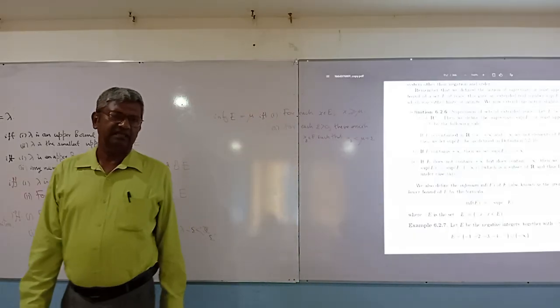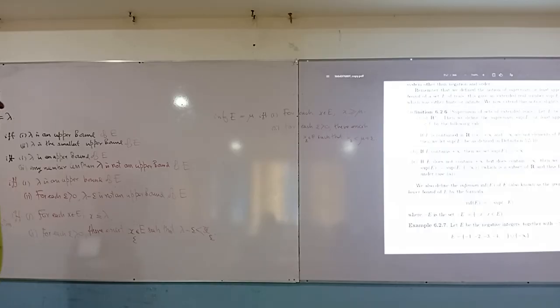That's the greatest lower bound. And you write mu is a lower bound of E like that. You need to develop this through lines. That's how he says: mu is a lower bound, any number greater than mu is not a lower bound.